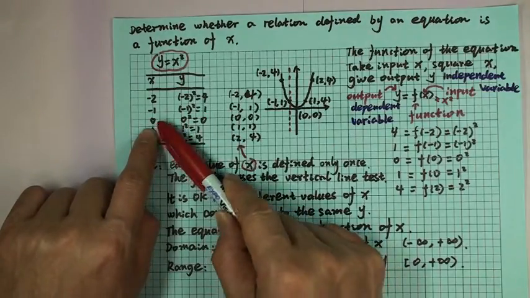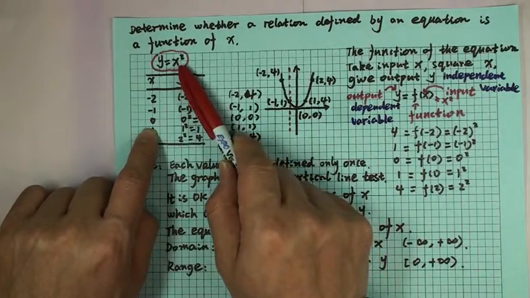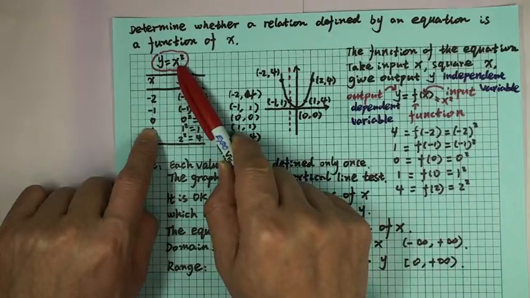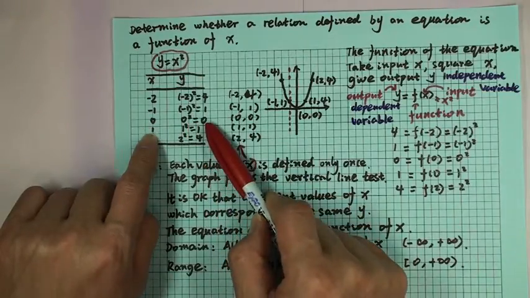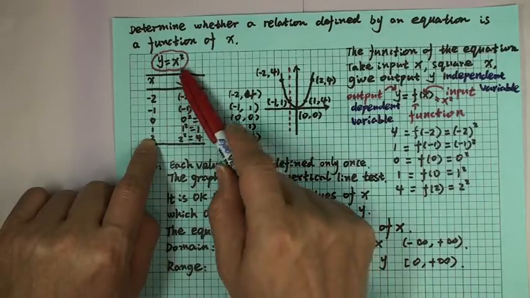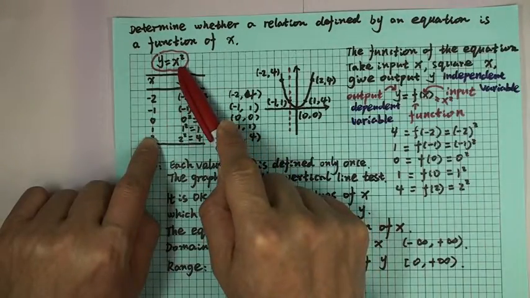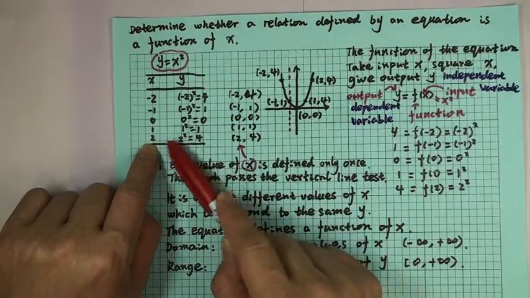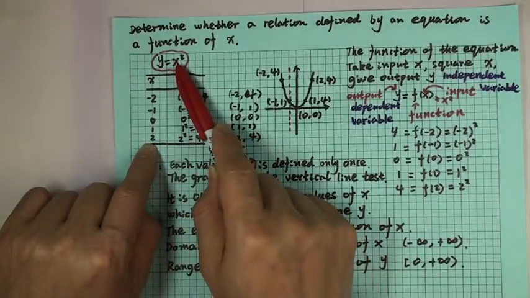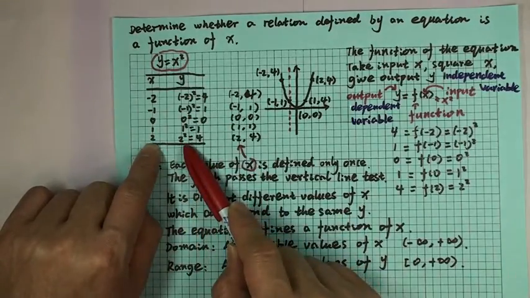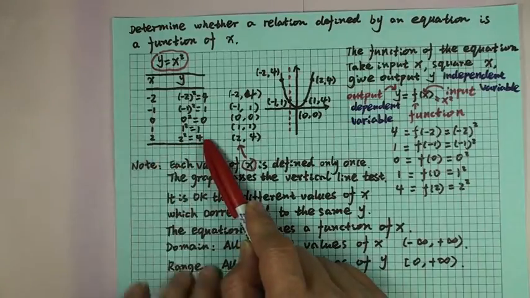We input 0 into x, and then we have 0 squared is 0. We input 1 here, and 1 squared is 1. We input 2 into x, and then we have 2 squared is 4.